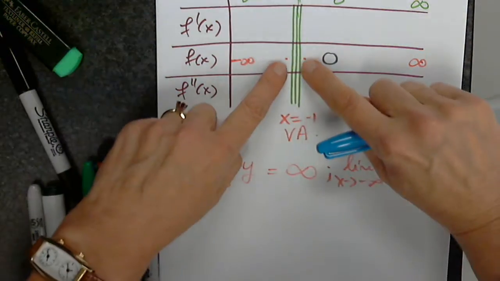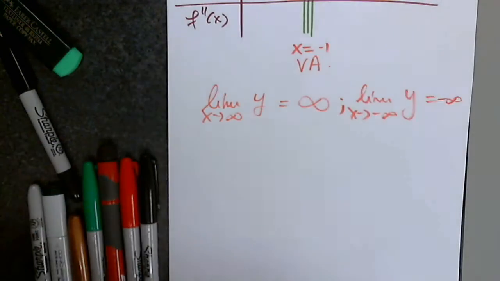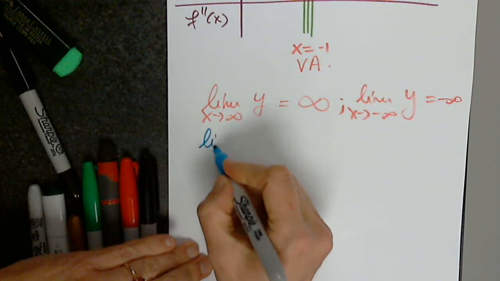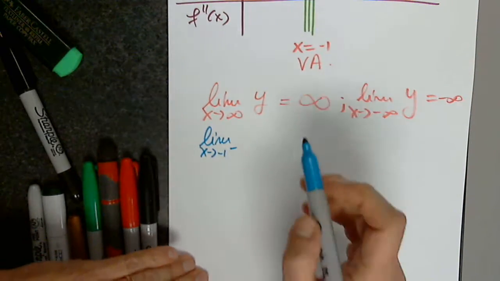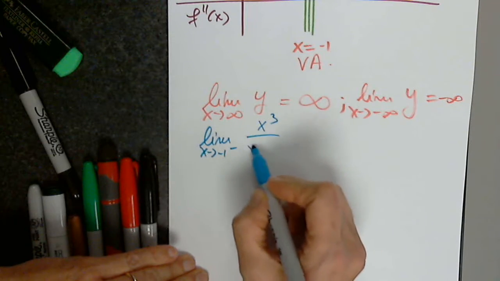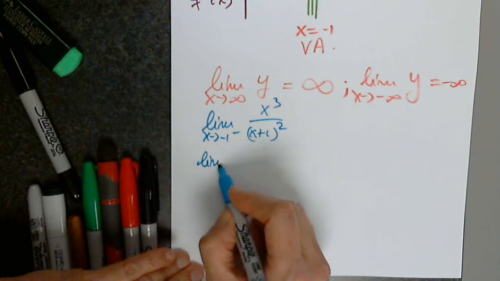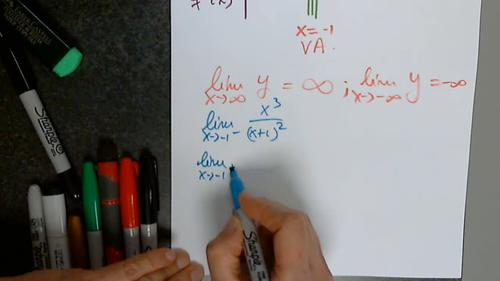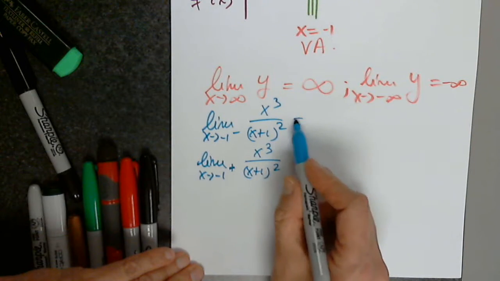Now I need the limits left and right of -1. So limit as x approaches -1 from the left of x cubed over (x plus 1) squared, and limit as x approaches -1 from the right of x cubed over (x plus 1) squared.